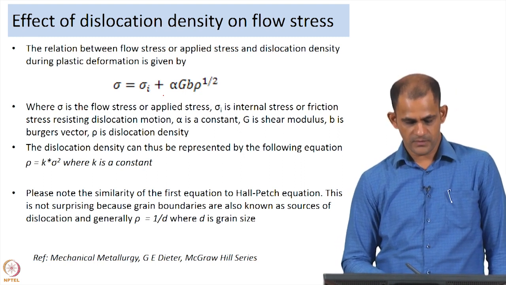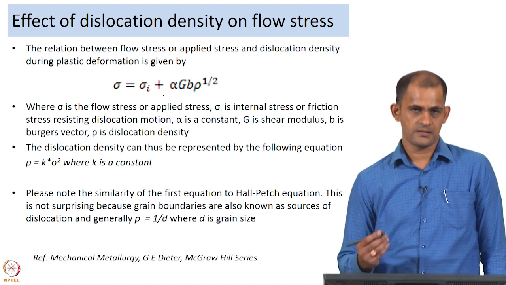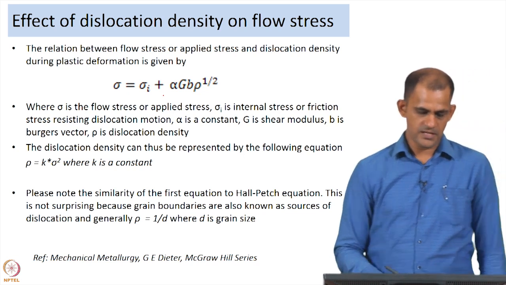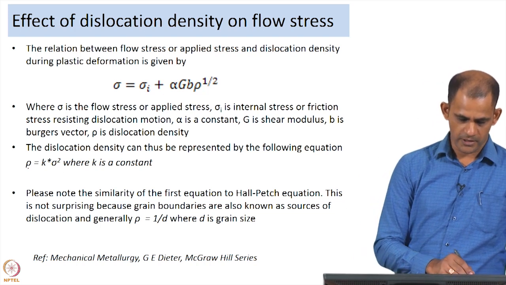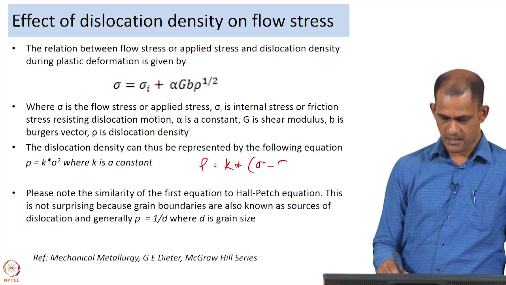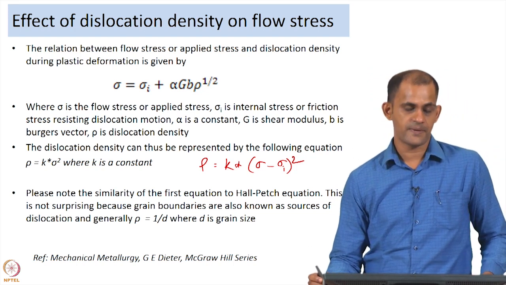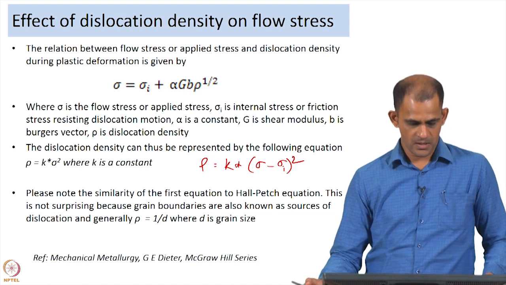What this relation says is, if the dislocation density is high, then the flow stress will also be higher. The inverse of this relation would be that the dislocation density can be represented by the following equation: rho is approximately a constant times (sigma minus sigma i) squared. This means the dislocation density is dependent on the square of the applied stress.